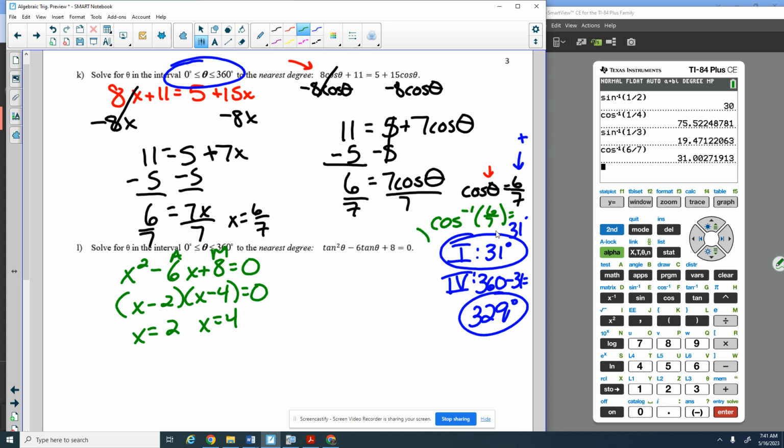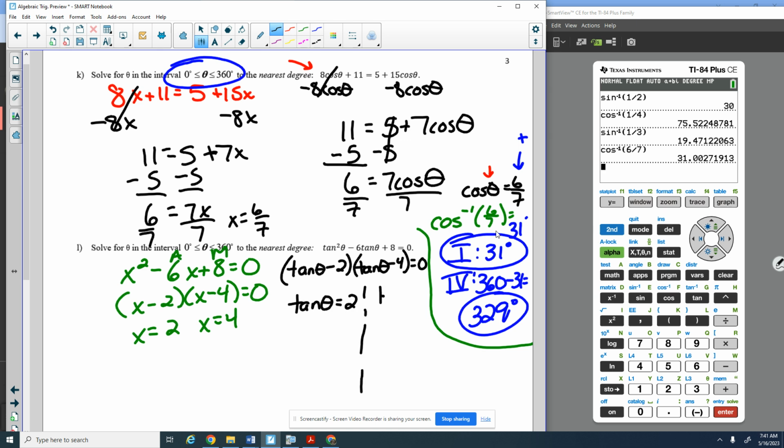So with our trigonometric equation, now I'm going to be factoring, but instead of x and x, I'm going to have tangent theta and tangent theta. So we break it up the same way, because tangent times tangent equals tangent squared. And then we can do -2 and -4. So then when we solve, we get tangent theta equals 2 and tangent theta equals 4.